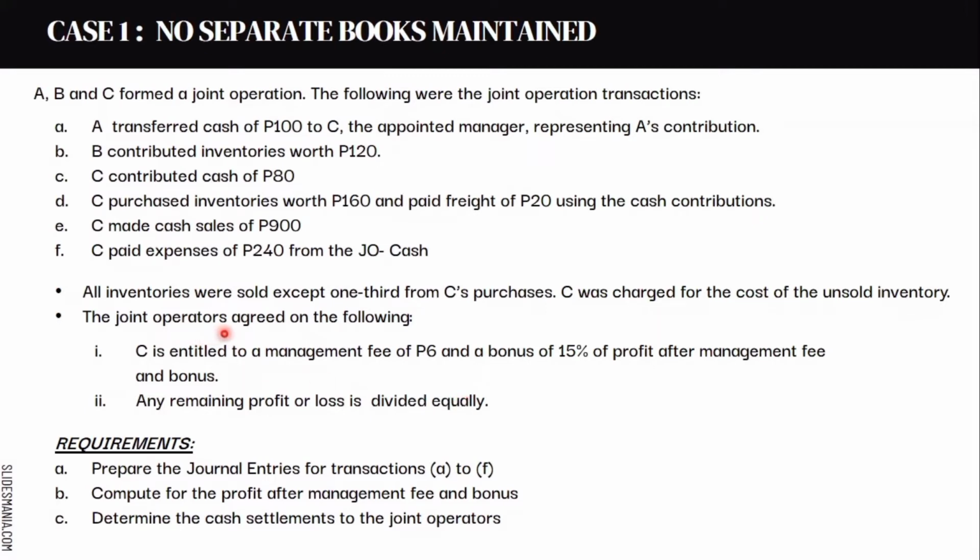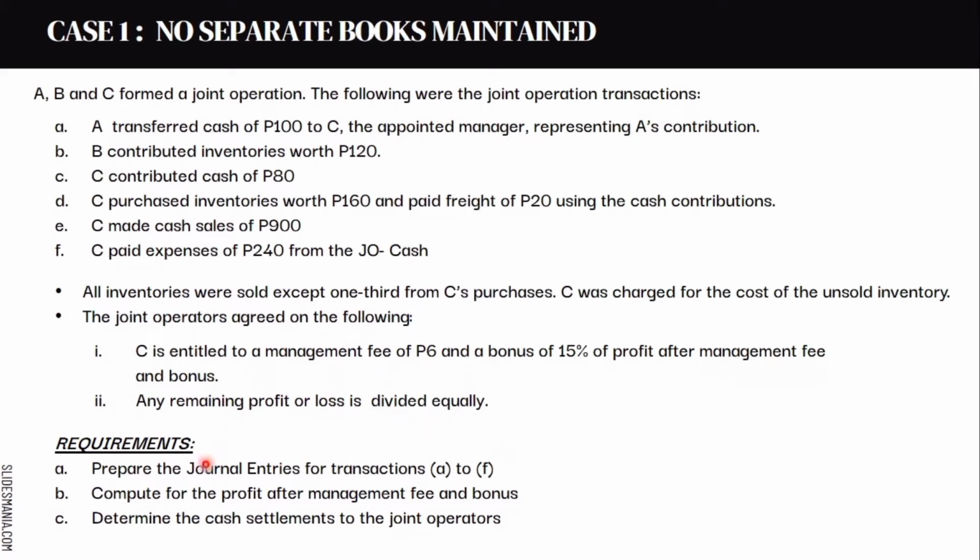The joint operators agreed on the following. So, first agreement nila, C is entitled to a management fee of 6 pesos and a bonus of 15% of profit after. Okay, remember guys, profit after management fee and bonus po. And second agreement, any remaining profit or loss is divided daw equally.